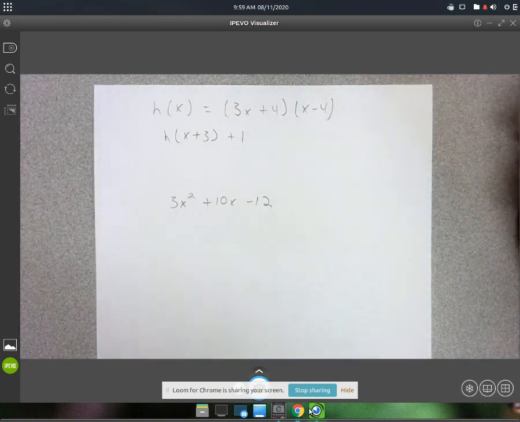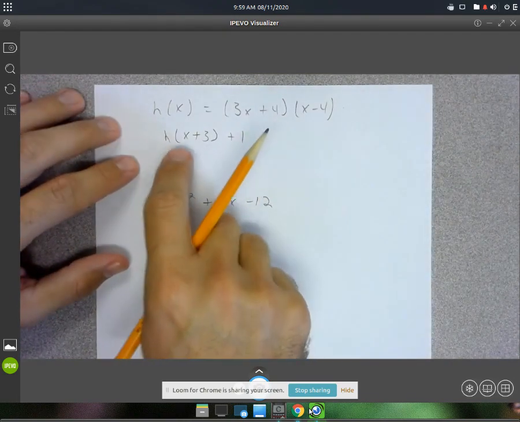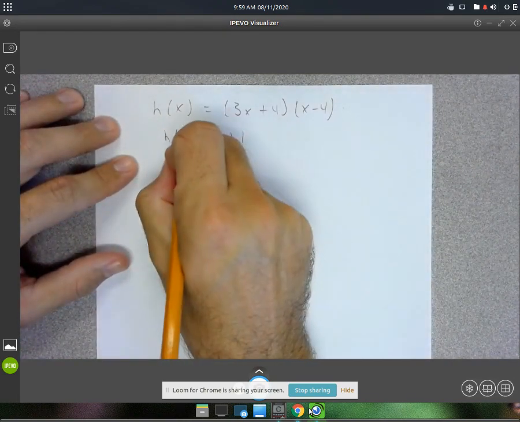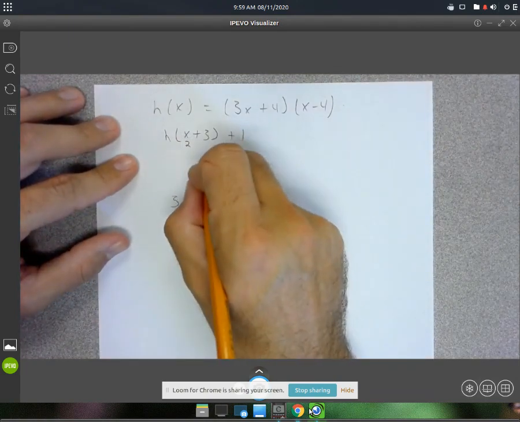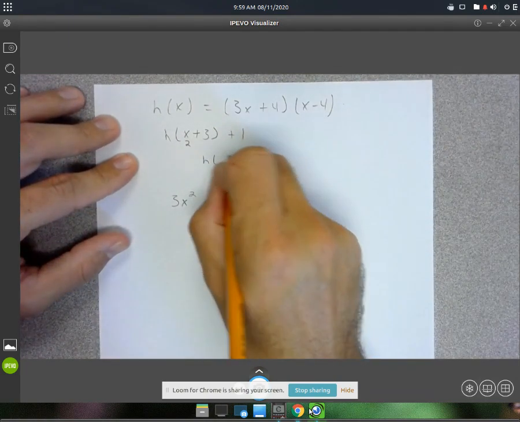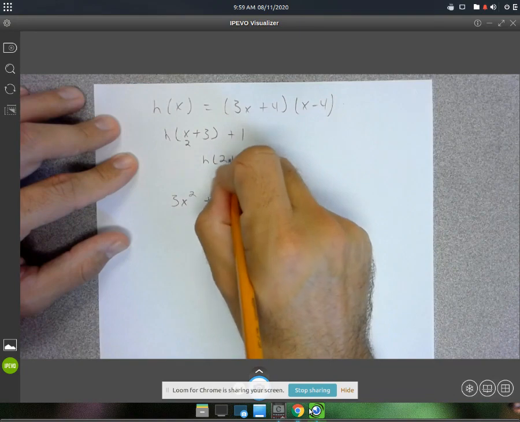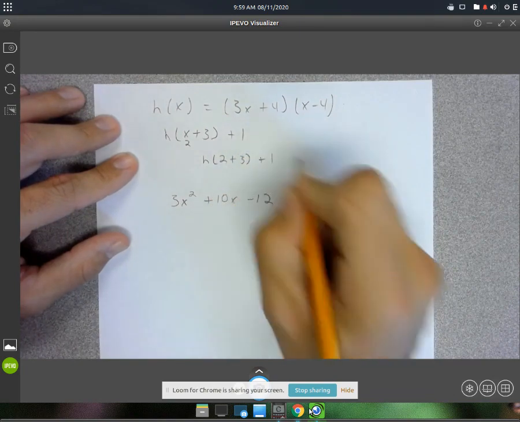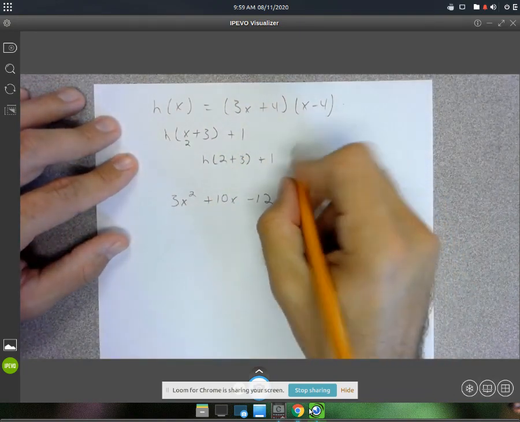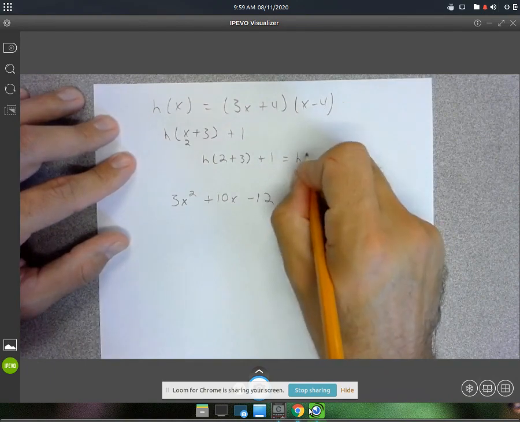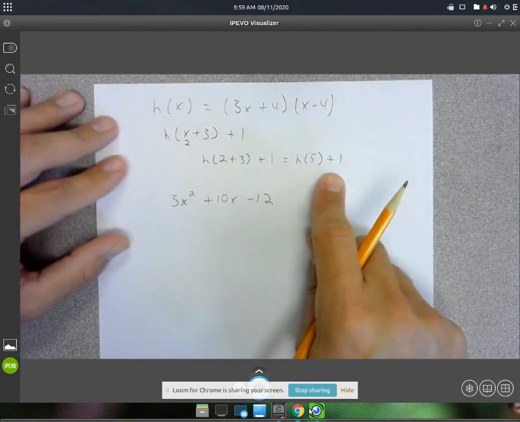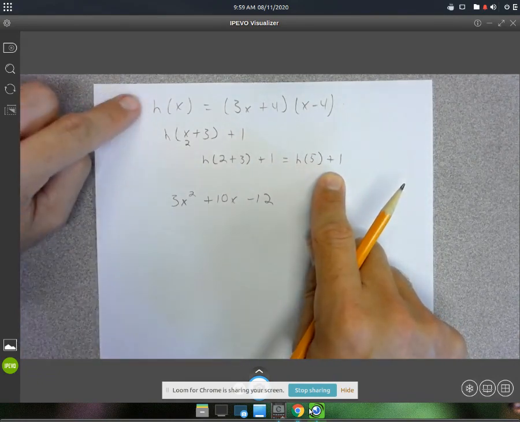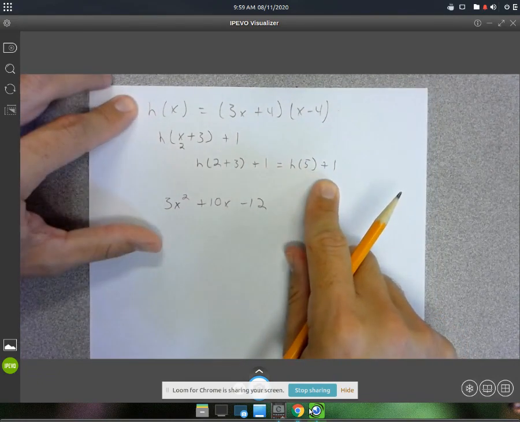So what we're going to do is substitute a 2 in for this x. This is going to make it h of 2 plus 3 plus 1, which is equal to h of 5 plus 1. Now we can figure the answer out by using our original h of x function.